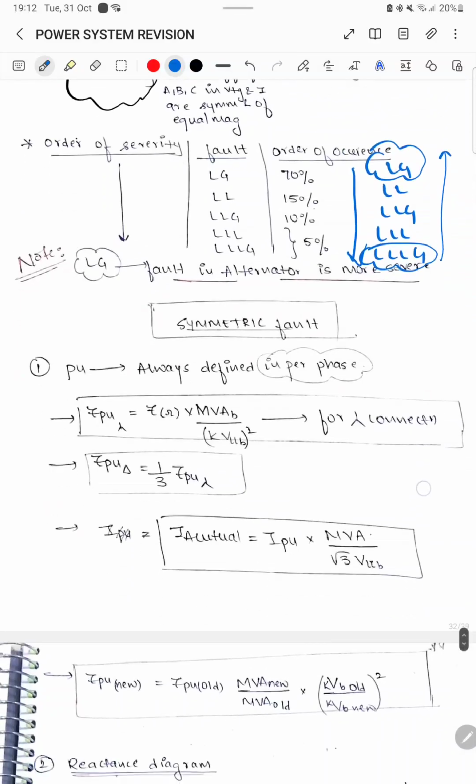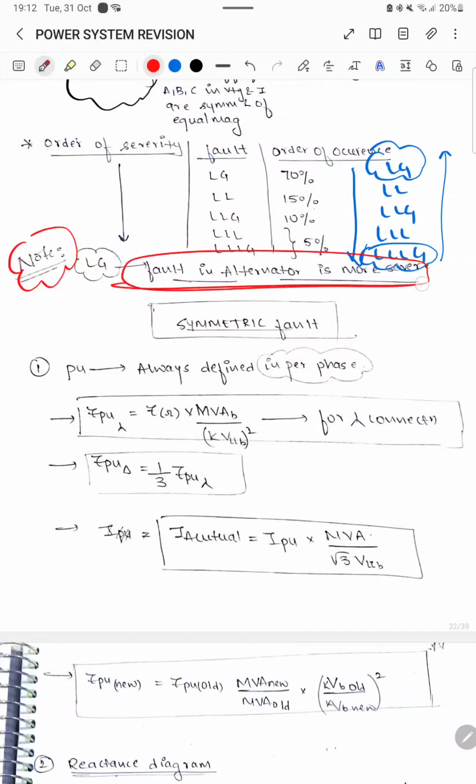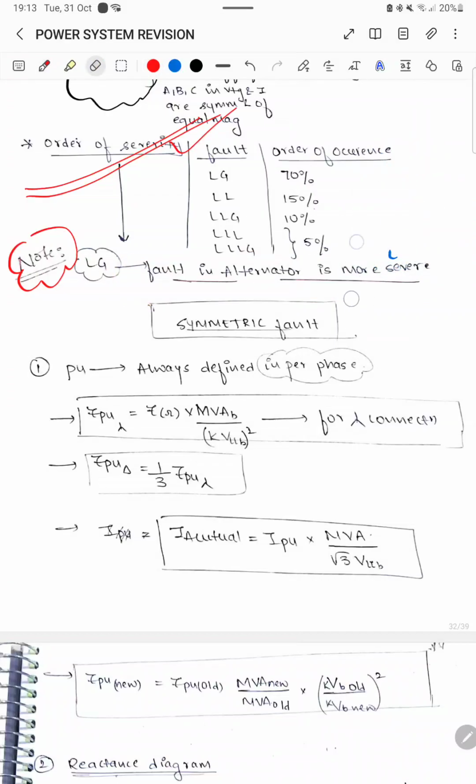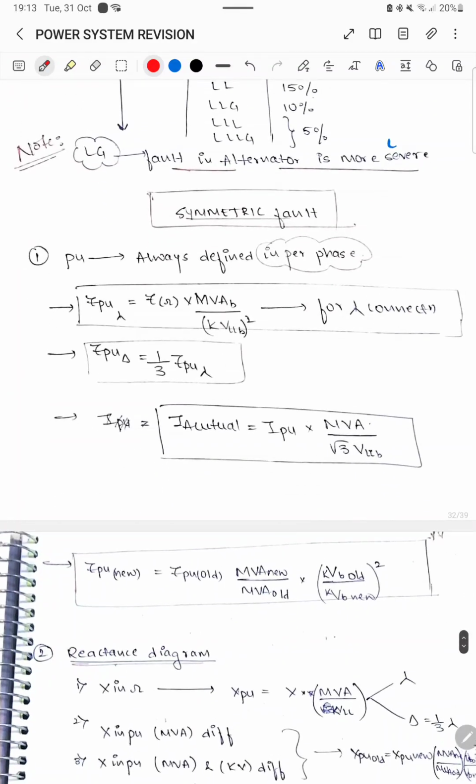But one note point is that LG fault at alternator is the most severe fault. The above order of faults is the order in a transmission line. So in a transmission line LG fault is the least severe fault, but in an alternator LG fault is the most severe fault.